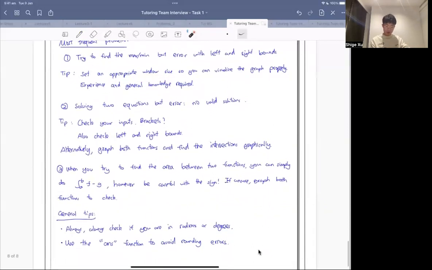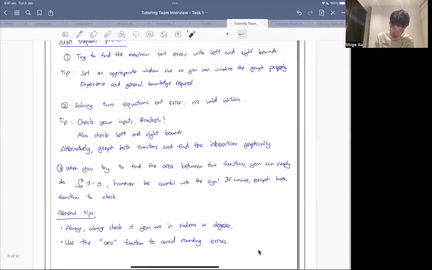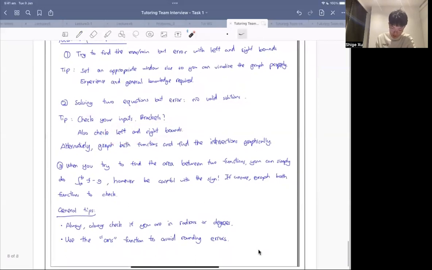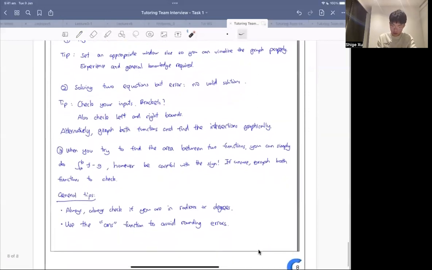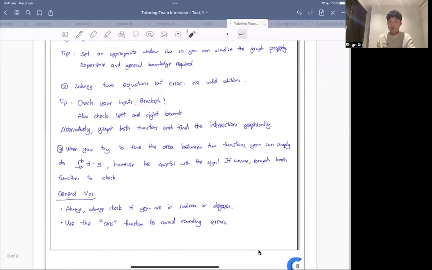Second, often you want to solve equations, but again, you encounter the error that you have no valid solutions. Most likely reason is that you didn't check the left and right boundaries correctly. Well, first check your inputs. Are you typing your functions correctly? Make sure you have the relevant brackets in place.